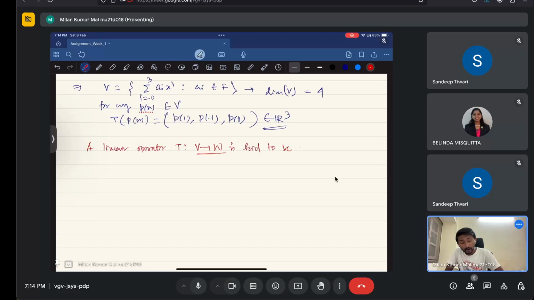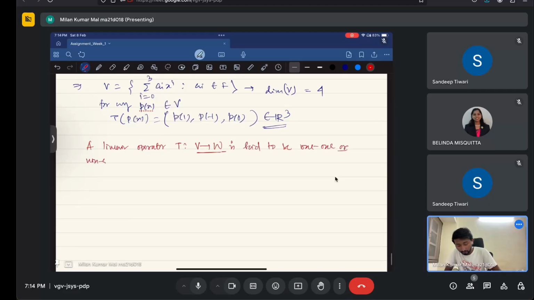T is one-one if and only if it satisfies any one of the following conditions.